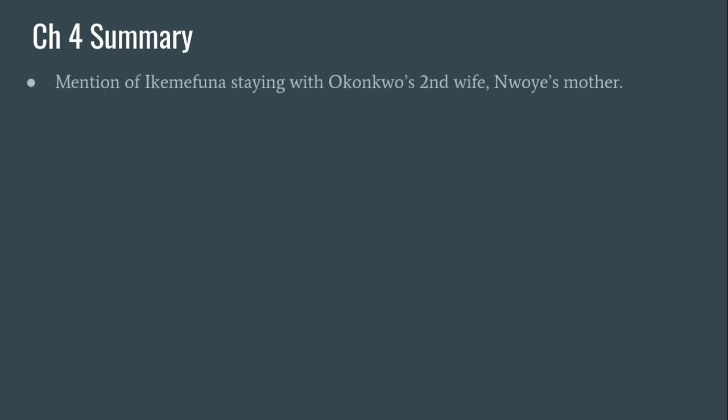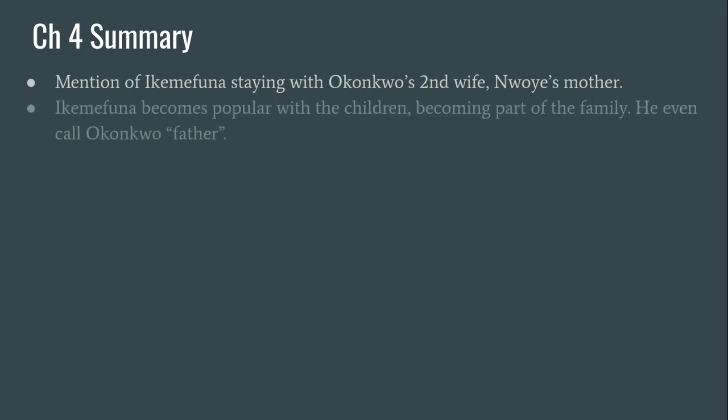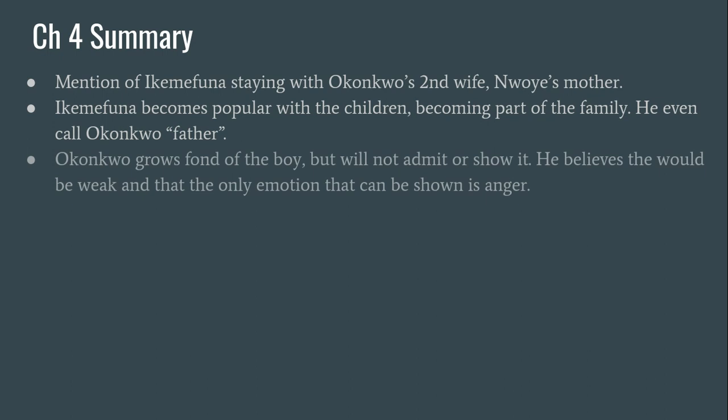In chapter 4, we go back to the story of Ikemefuna staying with Okonkwo's second wife, who is his other son's mother. We learn here that he becomes really popular with the children, very much part of the family. And like I mentioned before, he even begins to call Okonkwo father.